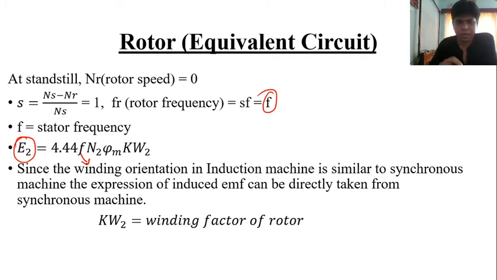Here kW2 is the winding factor of the rotor that has been studied in synchronous machines. So there is no need to go into a detailed analysis of the winding factor of the rotor, right?